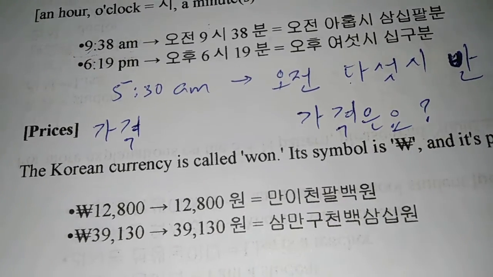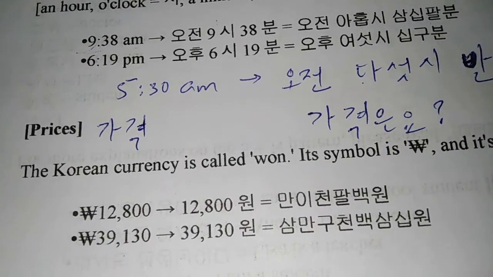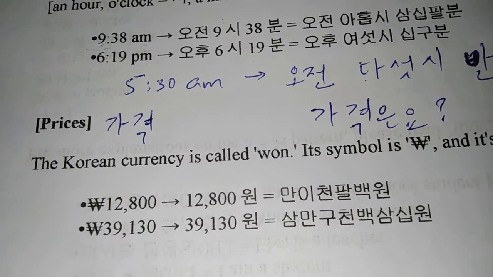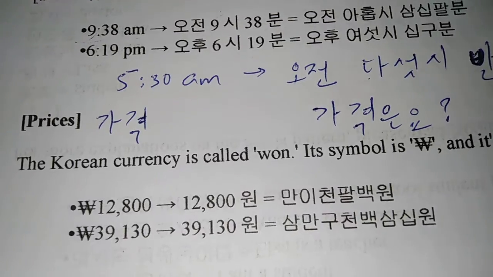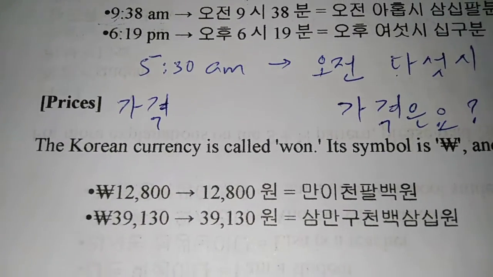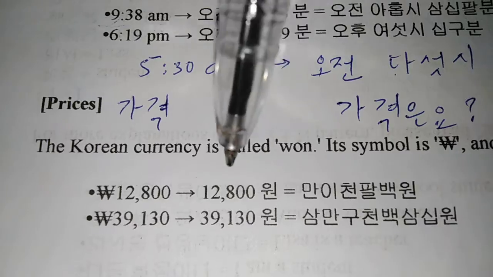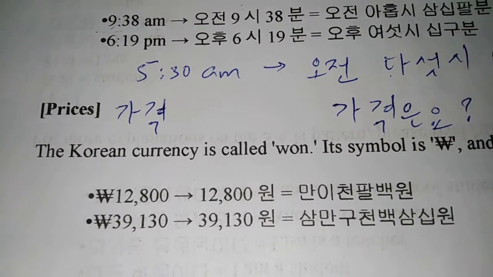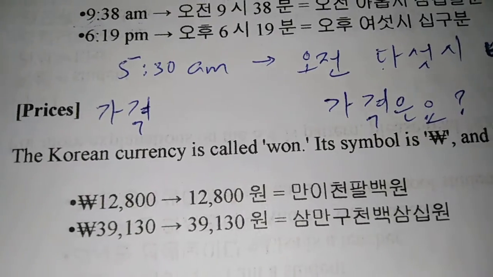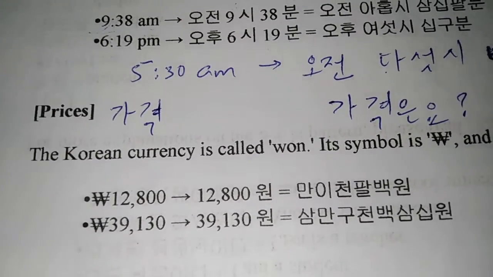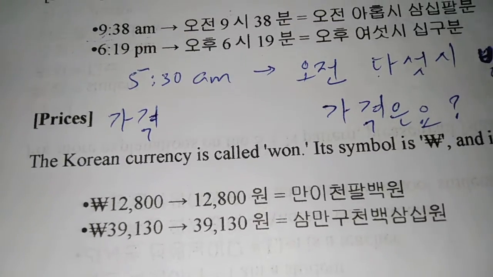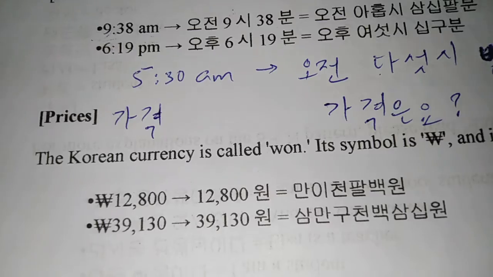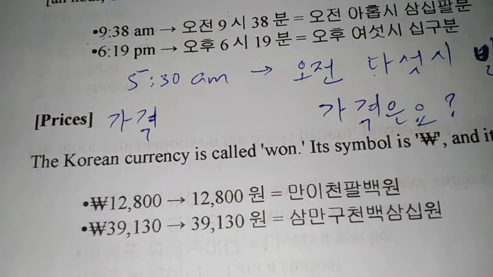I'm not going to go into more detail of how numbers are used in this class, because this in itself might be quite confusing for you. And the prices here, all the numbers are pronounced in Sino-Korean when you're talking about prices, so you don't need to be too concerned about that. Just practice the whole Sino-Korean and native Korean and how the numbers are used, where they are used, and the suffixes related to them.